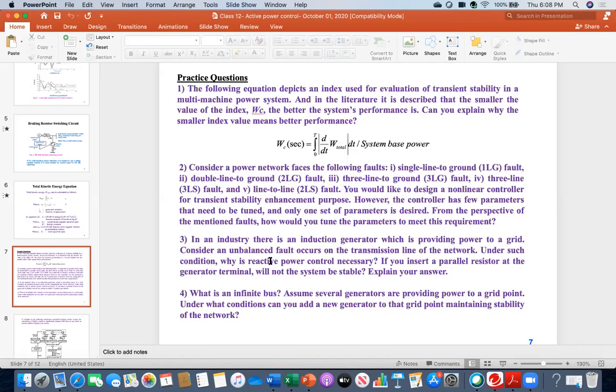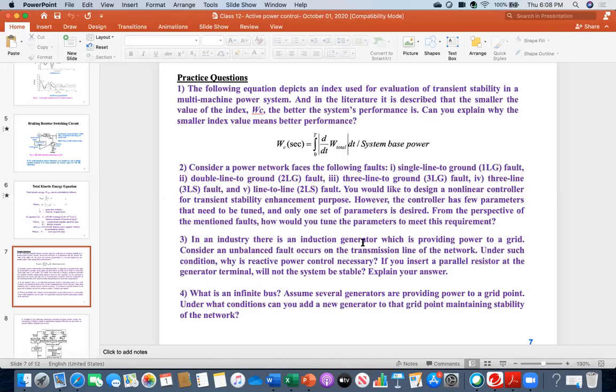Whatever the fault is, unbalanced or balanced, that will make the situation worse. Generator will try to draw much more reactive power to recover or compensate that electromagnetic torque. So consequently, there will be much more voltage sag, voltage drop, even voltage collapse might happen. That's why reactive power control is important.